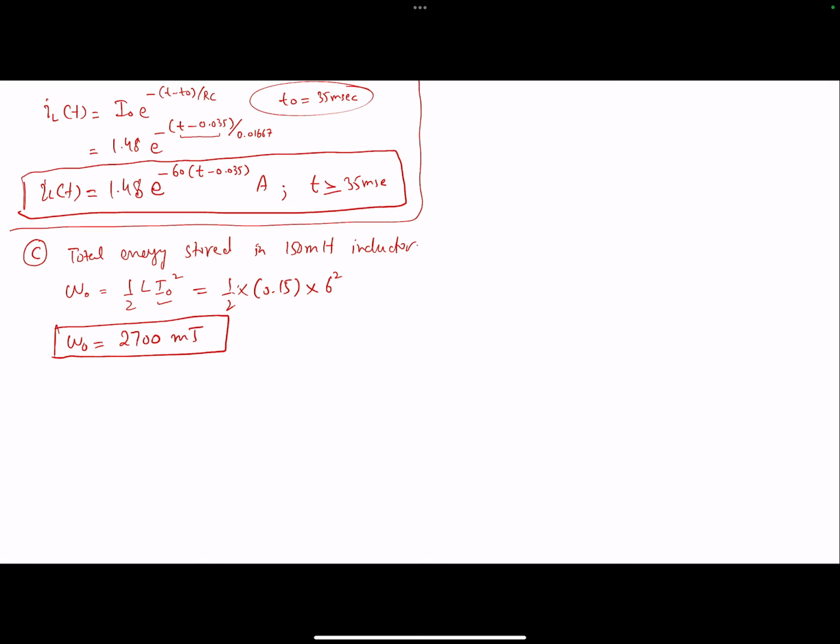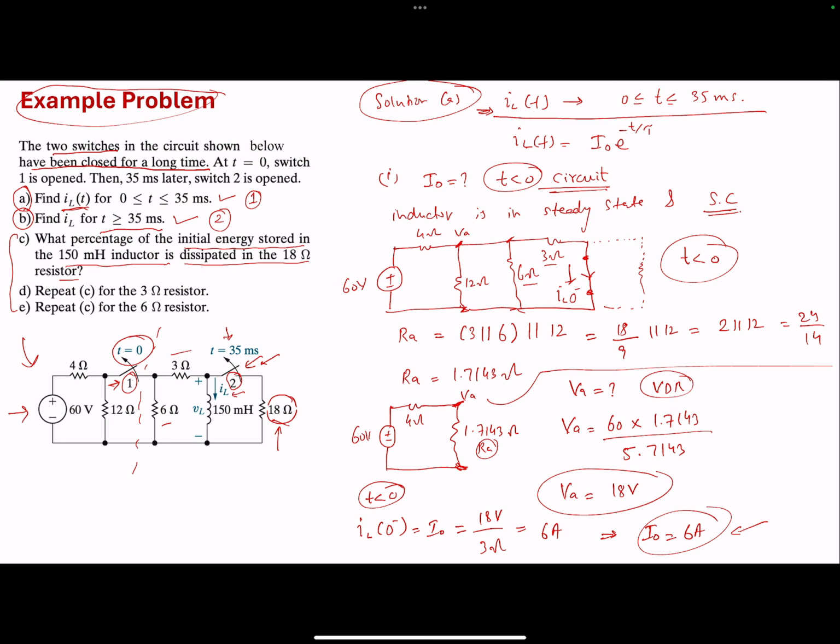Now the first switching event happened, the voltage source, the 60 volts, gets kicked out, and the energy will start to get dissipated, the power and correspondingly the energy, in the resistors. So let's look at that now.